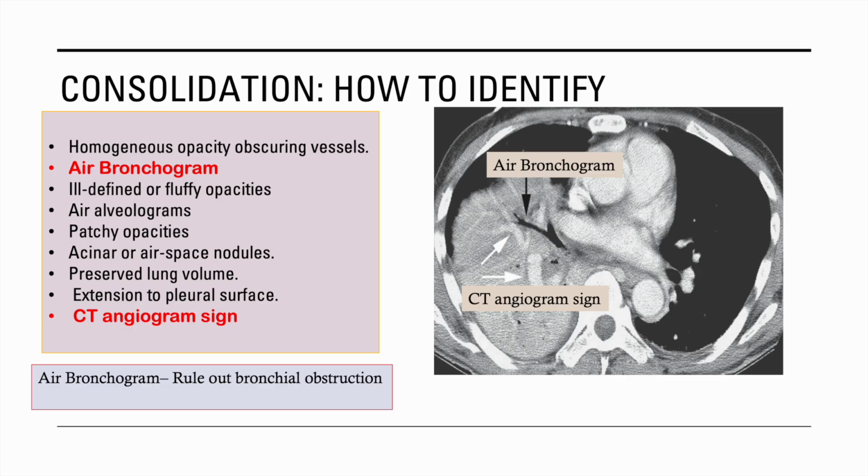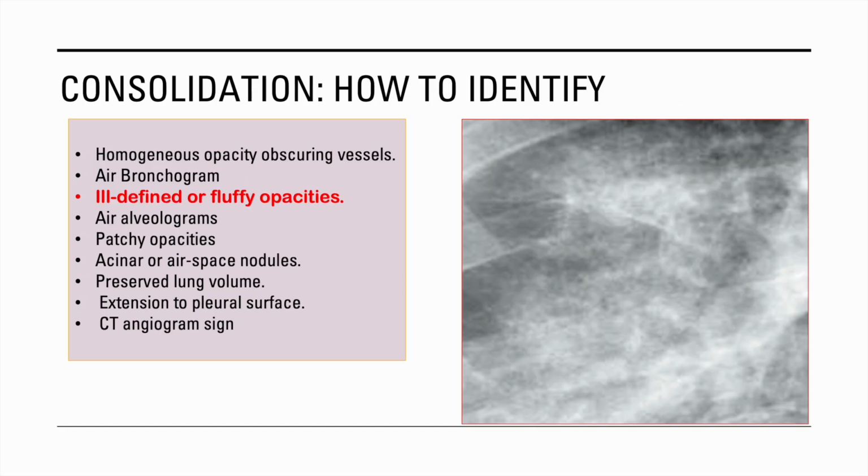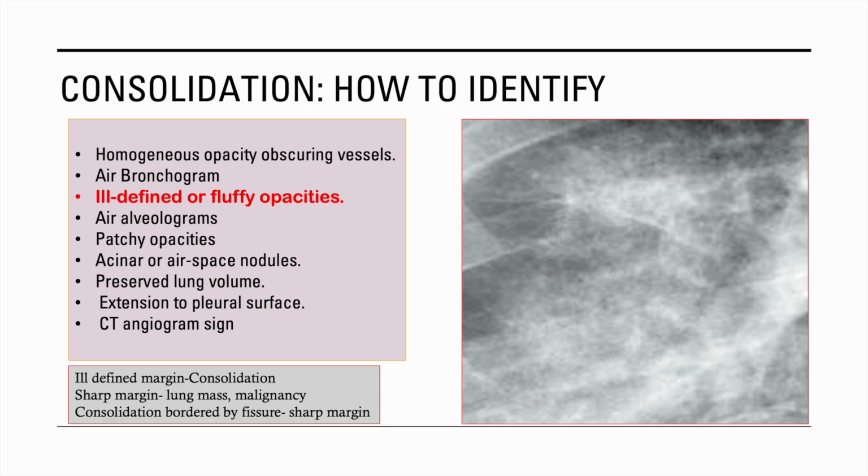Another important finding is an ill-defined margin. This occurs because of variable involvement of alveoli at the edges of the disease. However, if the consolidation is bordered by fissures, it can have a sharp margin. Generally, a sharp margin is a feature of a lung mass or malignancy.